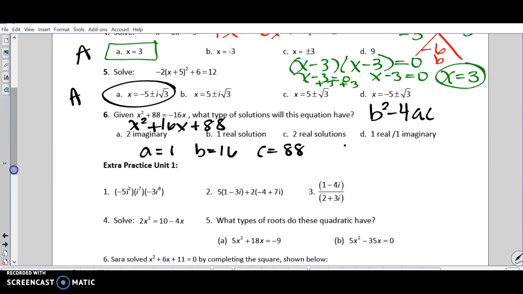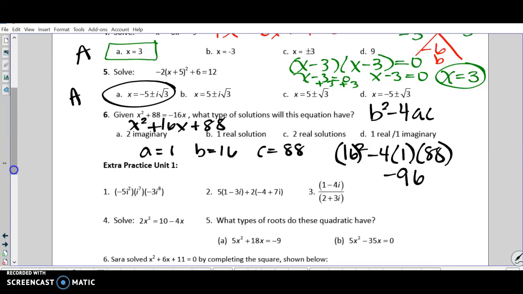So if you did 16 squared minus 4 times 1 times 88, you should get, hold on, -96.